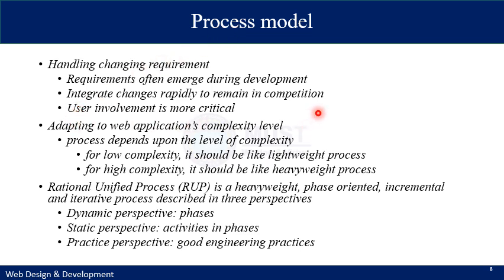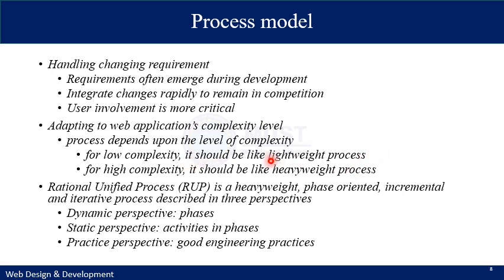For example, if you have a very low complexity application, that means you have an application that has very limited functionality and the functionality is quite common, such as a simple application for CRUD operations.